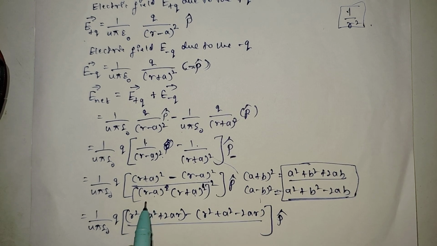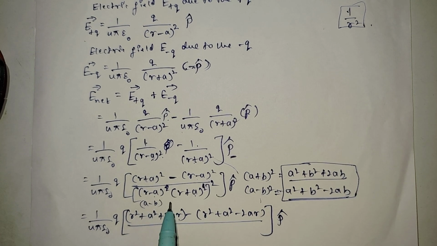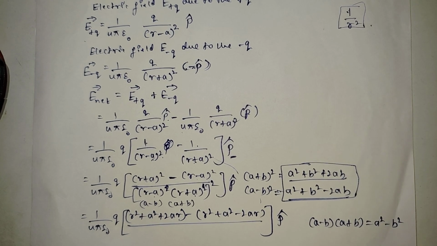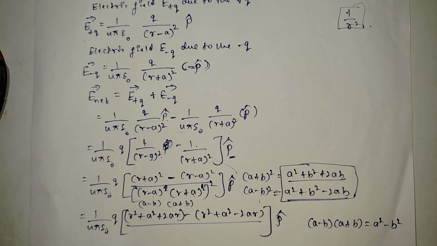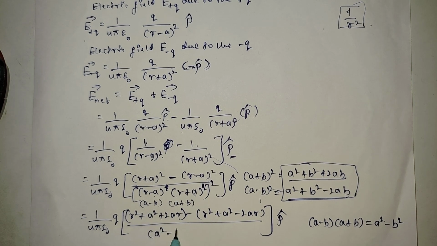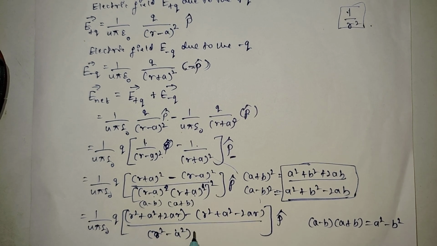Here, a minus b times a plus b equals a square minus b square. So the denominator is r square minus a square, whole square.